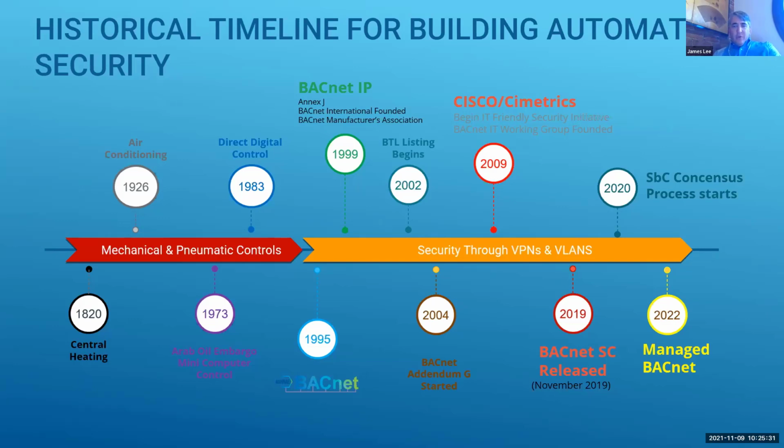So in 2004, in that time frame, there was an effort called BACnet Addendum G, where the best and brightest minds of our industry got together to design a security system top to bottom for BACnet. At Cimetrics, we hated the idea. We thought that it would never fly because of this primary reason.